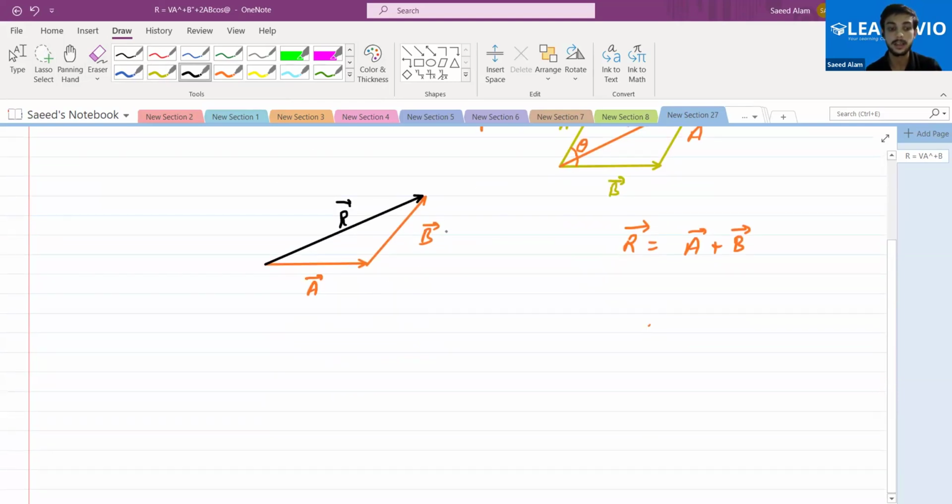So to get around this particular issue, we use a different technique of addition. I'll tell you, that is a very easy part, and then we'll move ahead with the further topic. That is the parallelogram law of addition.